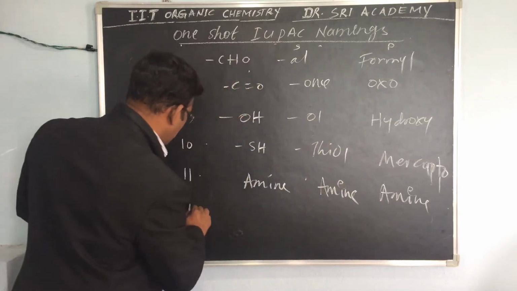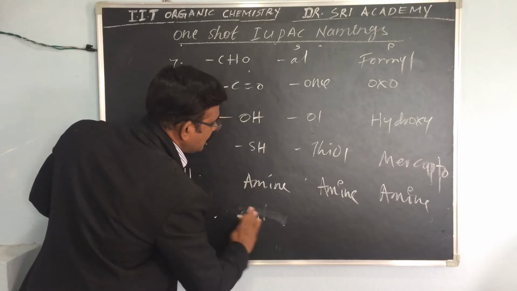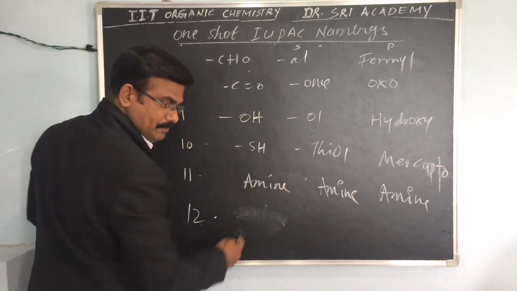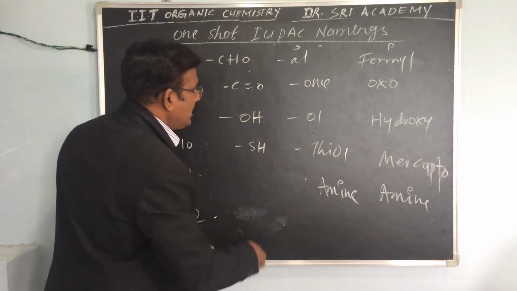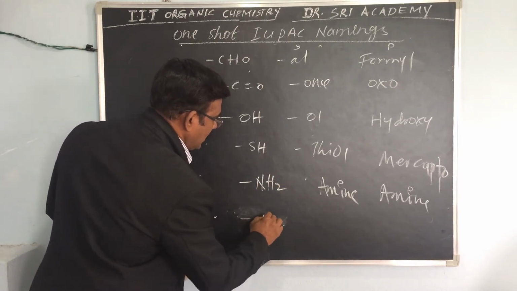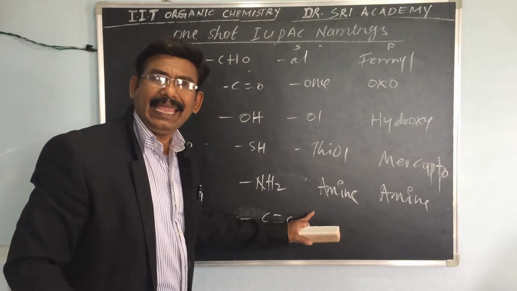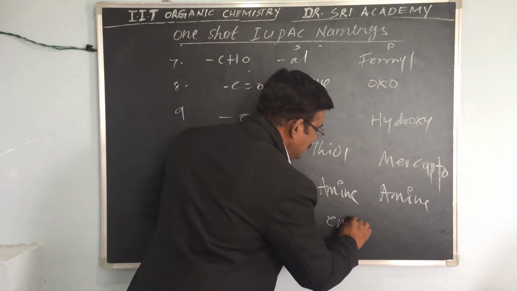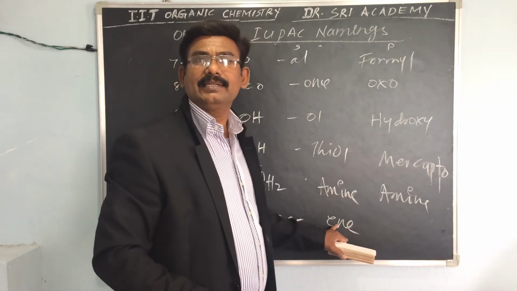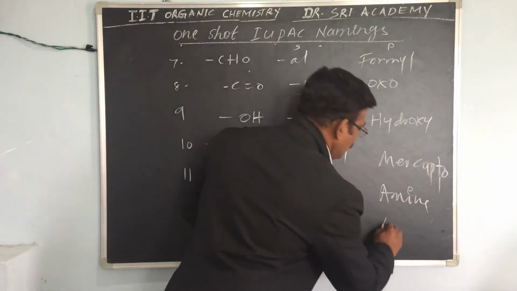Amine means the NH2 functional group. Alkenes means C double bond C. So ene is the suffix.